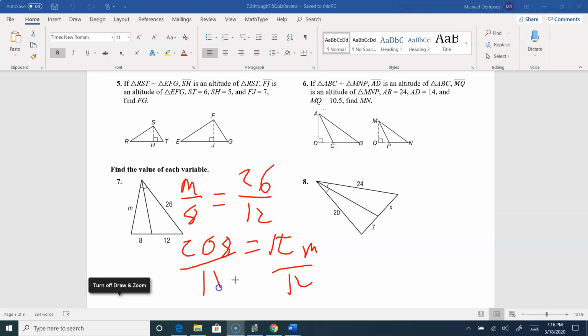And we do not get a nice even number. Here we get M equals 12.3. Okay, so always double check these on your calculator. My handwriting on this is tough. Doing the best I can with this screen and writing with my finger. But 12.3 for M there.